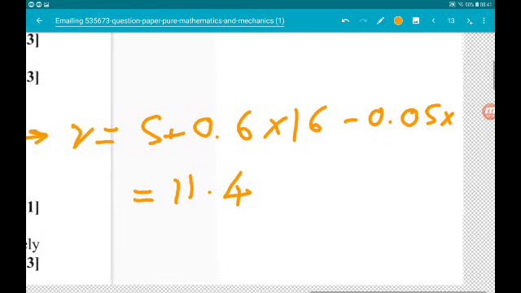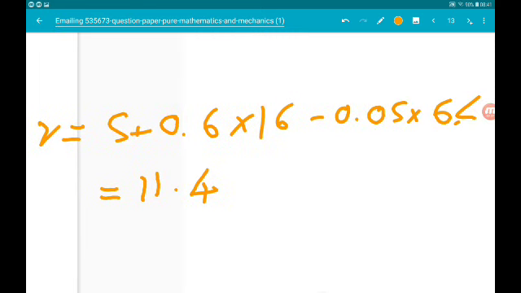And that is meters per second, which matches what we were told at the start of the question, so it's an appropriate value. Good times.